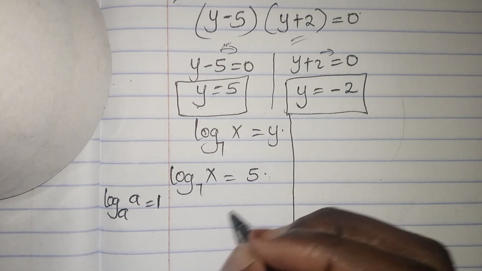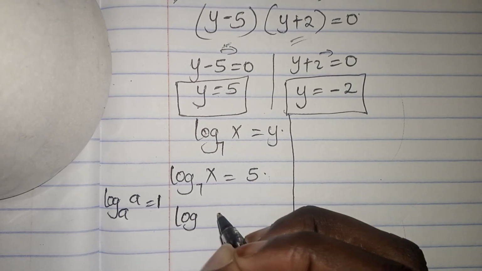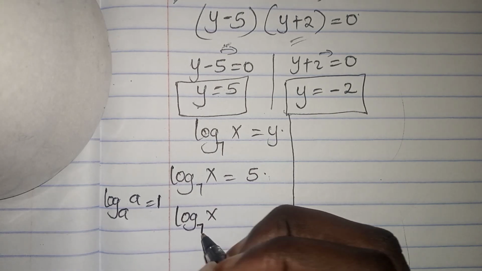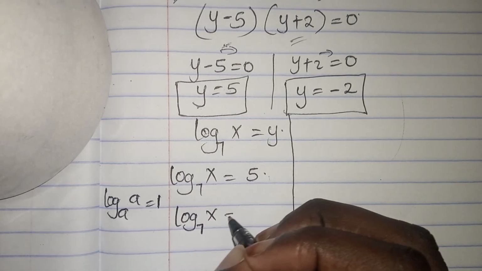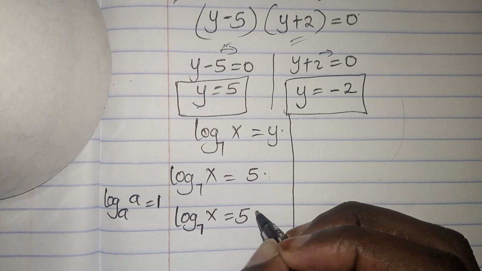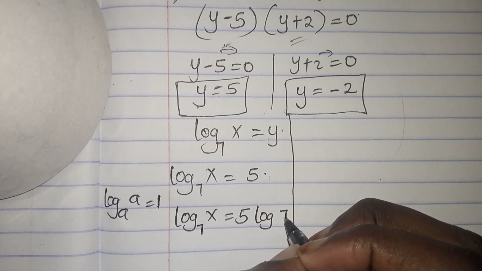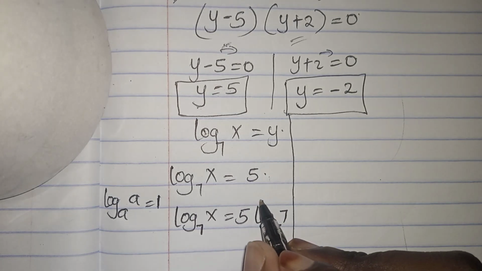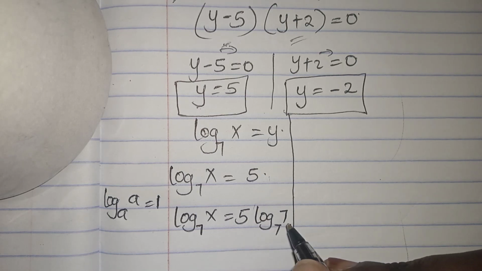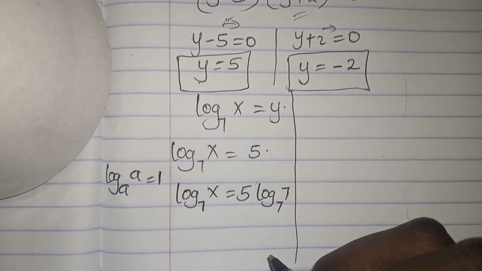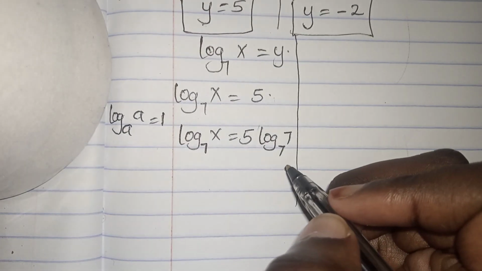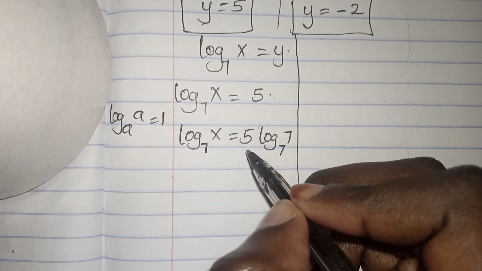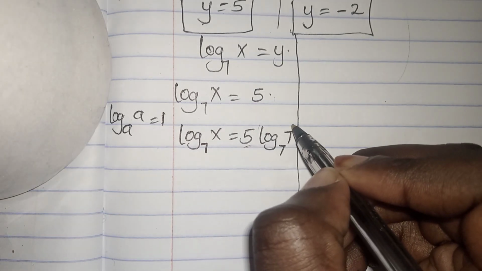So for our case on this side, we are going to take log x base 7, because we have 7 as our base. Then we shall say this is 5 log 7 base 7. So remember, this is basically 1, right? So our next step, according to one law of logarithm, we can take this 5 as our power here.